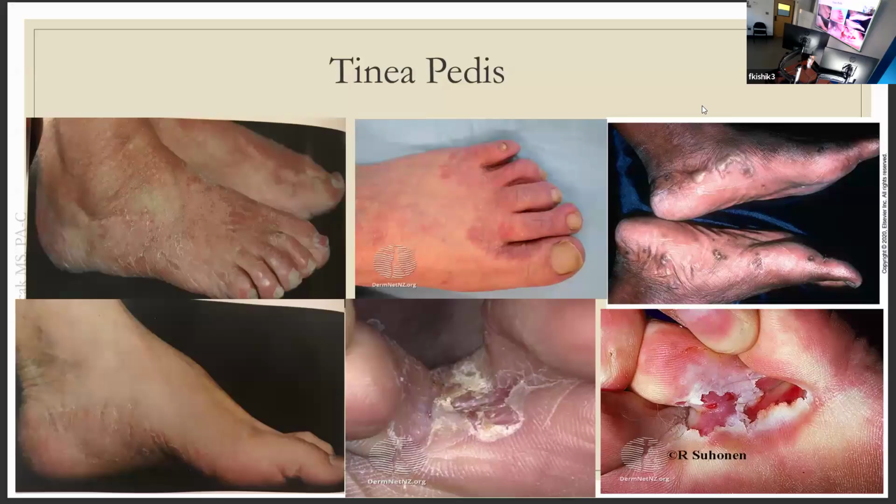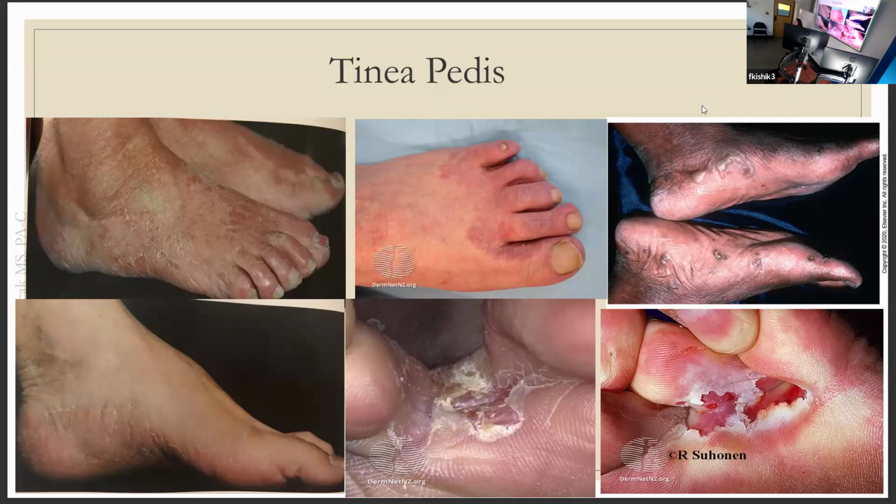Tinea pedis. So this is going to be athlete's foot. It has a couple of different presentations, so we'll work off the slides for this, but this is going to be the most common dermatophyte infection. With that, you're going to have the moccasin type, so that's these two pictures here.